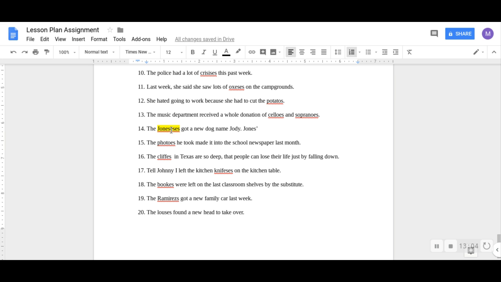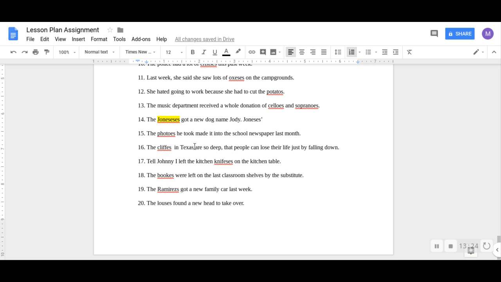We don't add all these extra ESs. Actually, it should be Jones's. If it is possessive, you would add an apostrophe, but it is Jones's. So the Joneses bought a new car, but not this SESES. That's way too much.